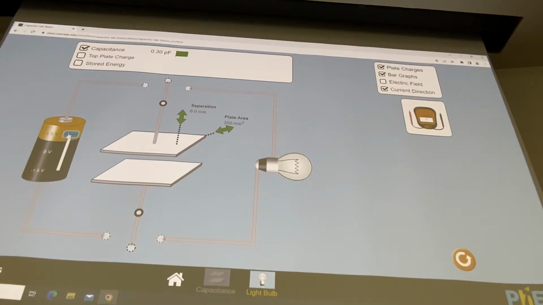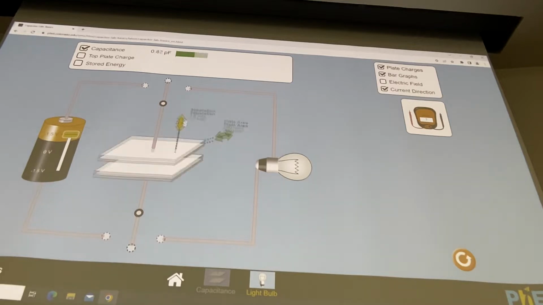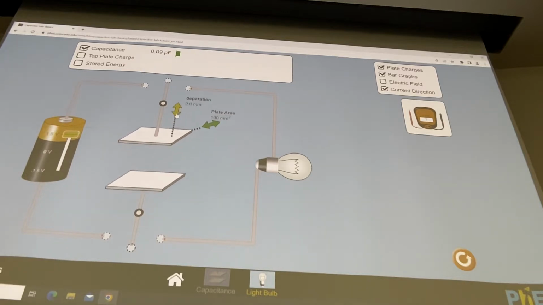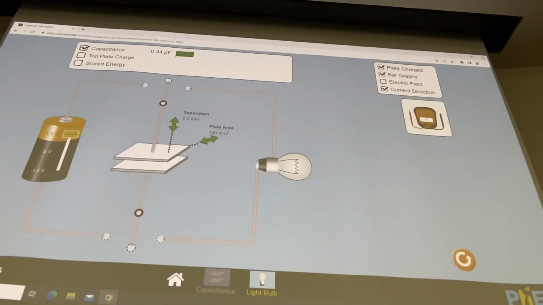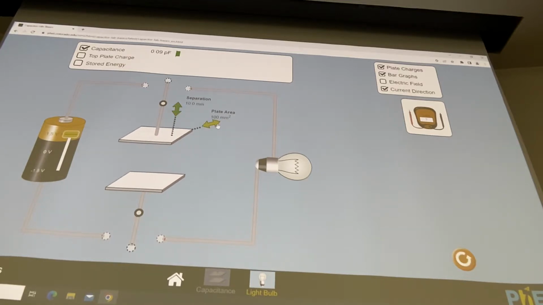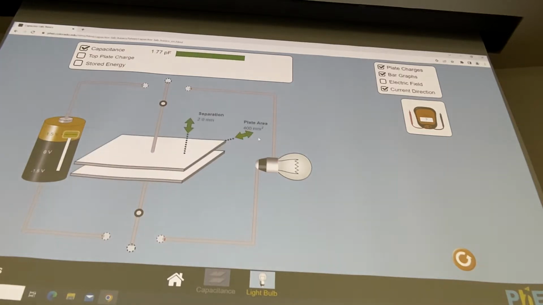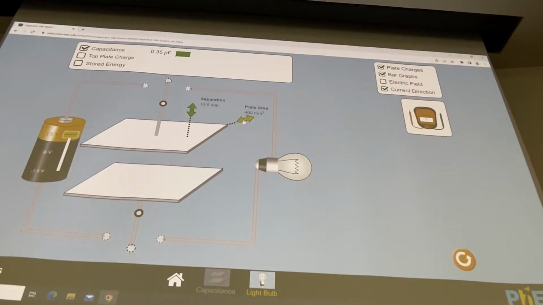If I want to change capacitance, I know that I can change the size and the plate separation. And this digit up here gives you the capacitance as you change those. If I make my plates very small and very far apart, we get a small capacitance. If I put them close together and really big, we get a big capacitance. These are things we looked at in our capacitor section.